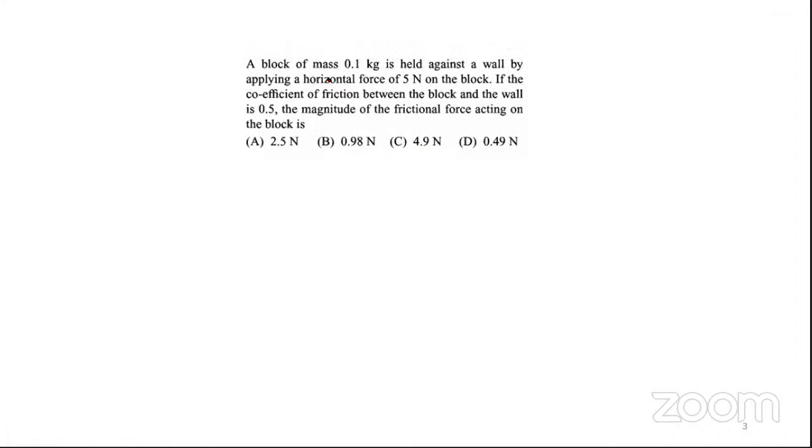A block of mass 0.1 kg is held against a wall by applying a horizontal force of 5 Newton. If the coefficient of friction between block and the wall is as given, the magnitude of the frictional force acting on the block is.